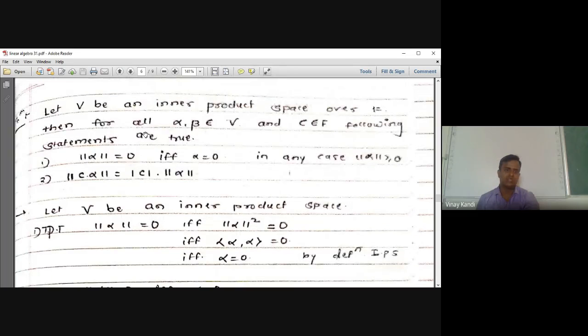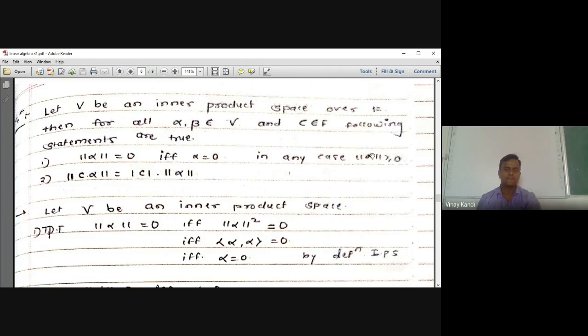The next theorem. Let V be an inner product space over F. Then for all alpha, beta belonging to V and c belonging to F, the following statements are true. First, norm of alpha is equal to 0 if and only if alpha is equal to 0.